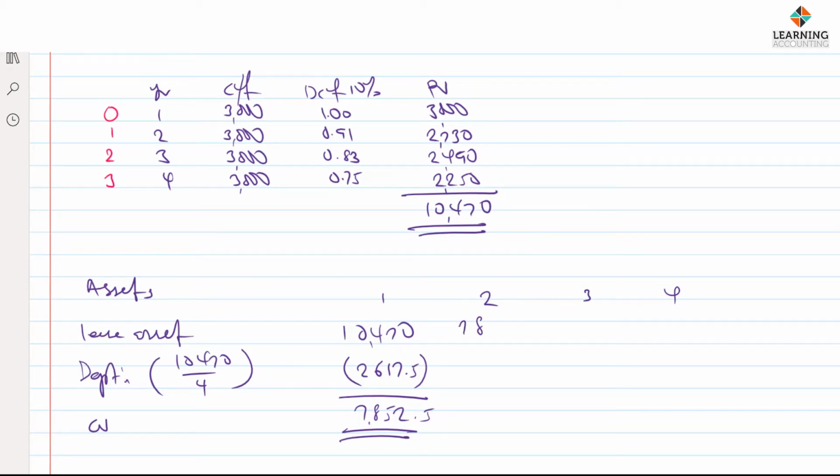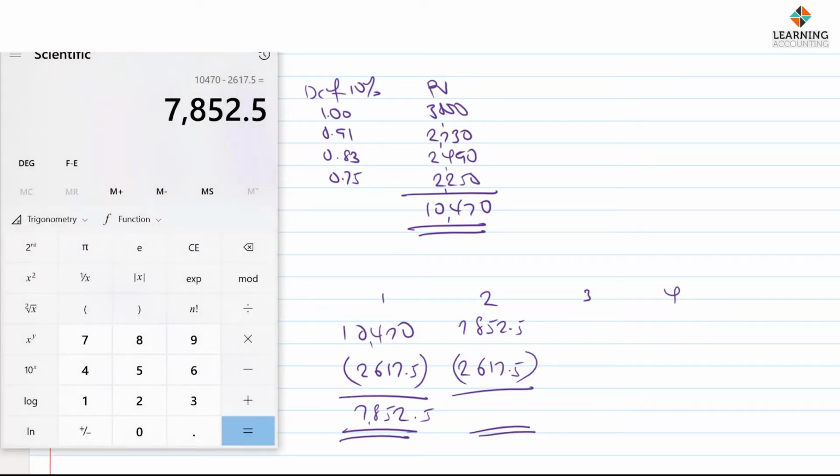So we have 7,852.5 minus 2,617.5, and that gives us 5,235.